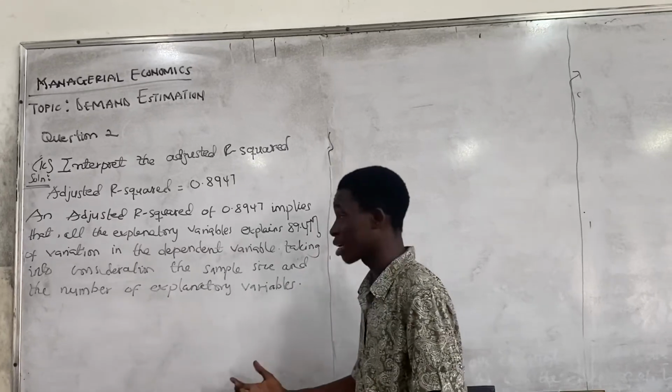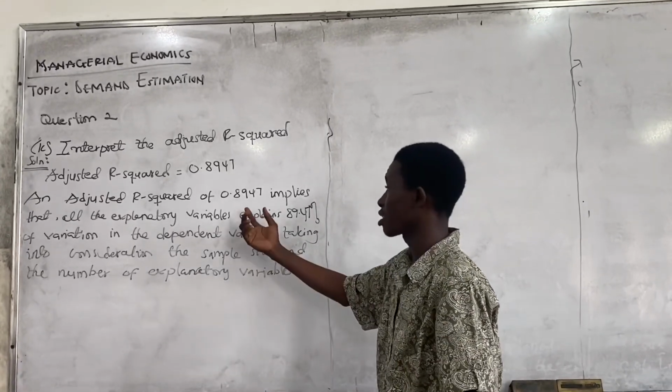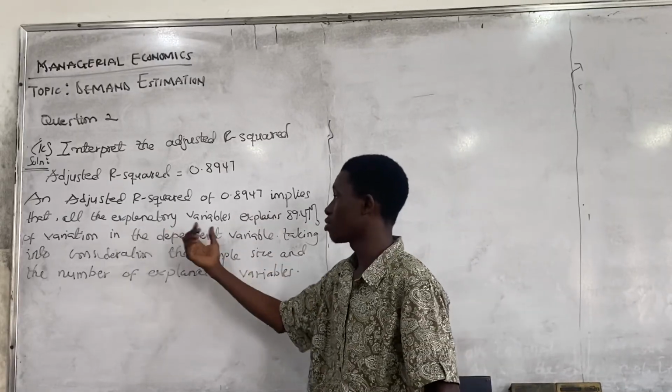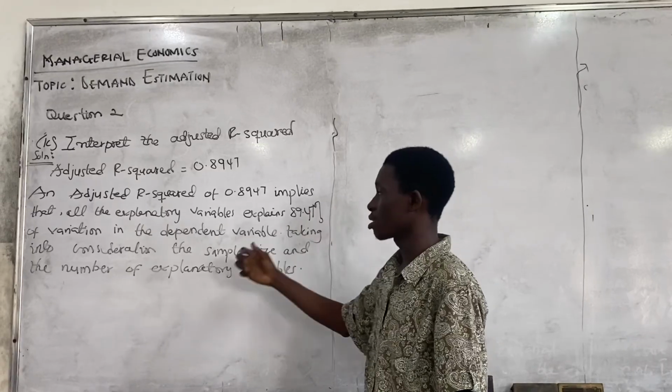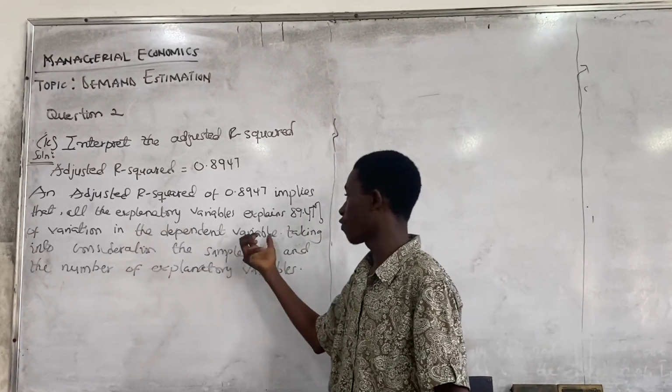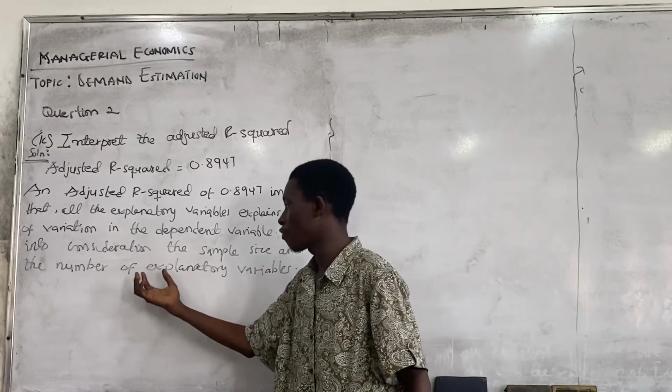This is how we interpret adjusted R square. An adjusted R square of 0.8947 implies that all the explanatory variables explain 89.47% of variation in the dependent variable, taking into consideration the sample size and the number of explanatory variables.